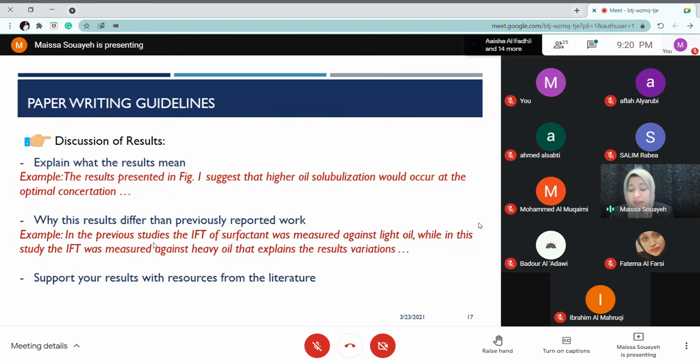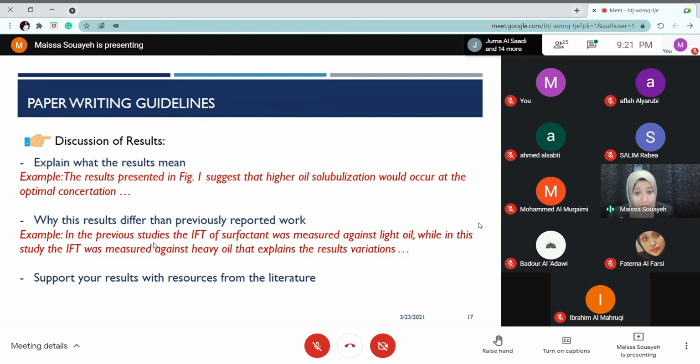Now I will say this suggests this, this means this, and then I will say, okay, this is different from the previous work because of this. Try to build a system or a sequence, a flow of information: how the results show, then what it means, and then why it's different. Even the variation could be something as simple as they used light oil, I used heavy oil.